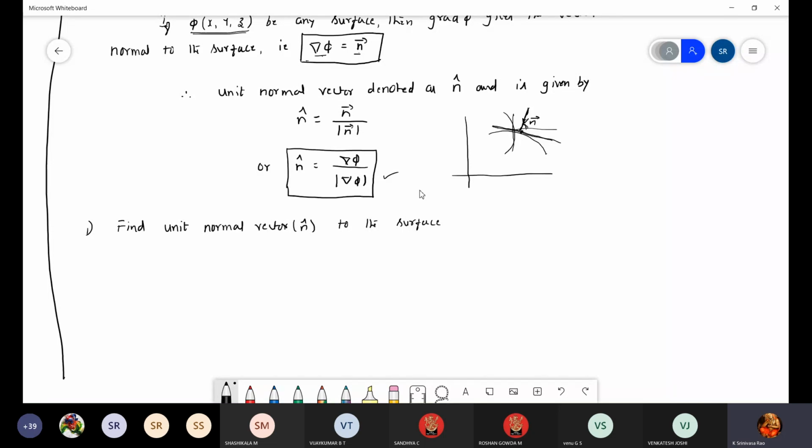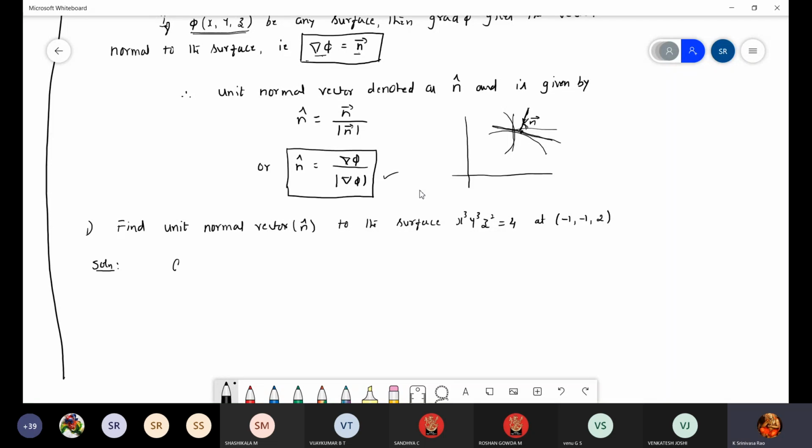x cube y cube z square equals 4 at the point (-1, -1, 2). This is the question. Find the unit normal vector n cap to the surface. Okay, first take down the solution.